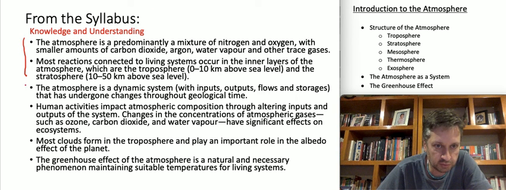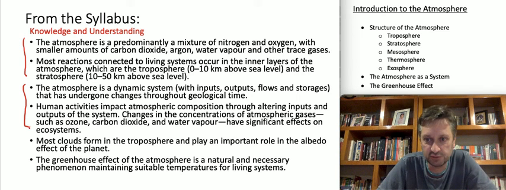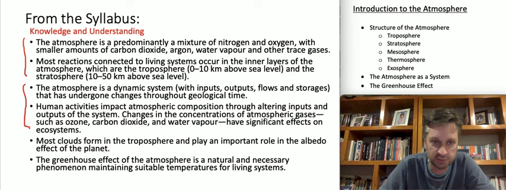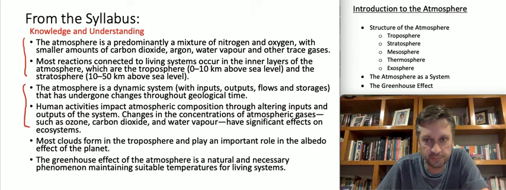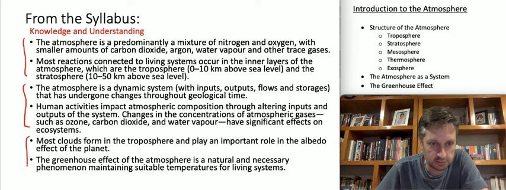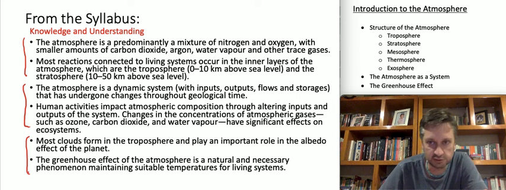The second 2 points I would suggest are related to why the atmosphere is a system and how we can consider it to be a system, and also the effects that humans have had on that system. And then the final 2 points, the greenhouse effect and the albedo effect.